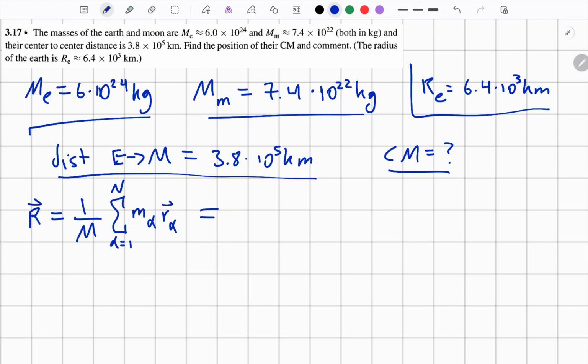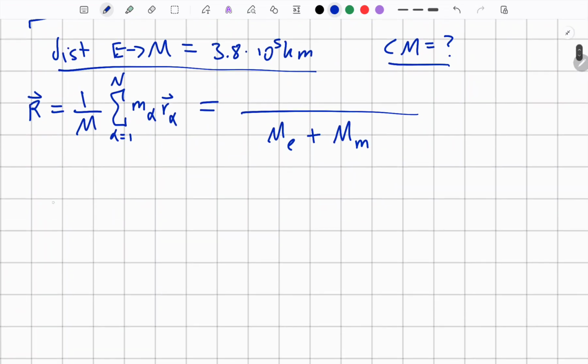Our total mass in this case is going to be the mass of the Earth plus the mass of the Moon. So that will be our denominator. And for consistency, we'll keep those like so.